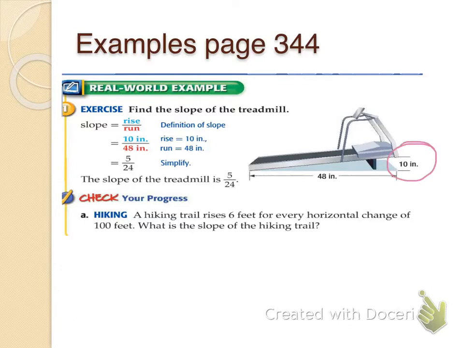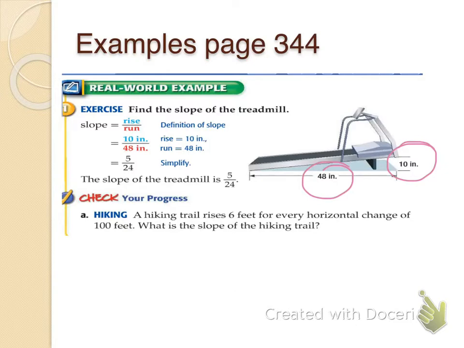The run is going left to right, so that would be the 48 inches. So they did 10 inches over 48 inches. And you can simplify by dividing by 2, and they got 5 over 24. With slope, we're still going to simplify. We are not going to change improper fractions to mixed numbers. Okay, so if it's improper, leave it improper just like we have been.